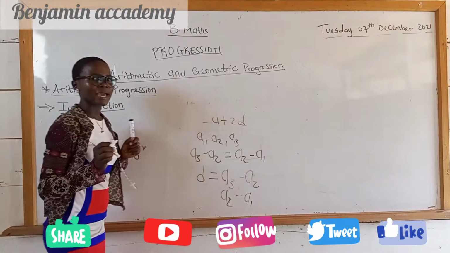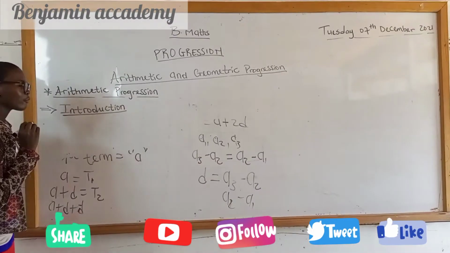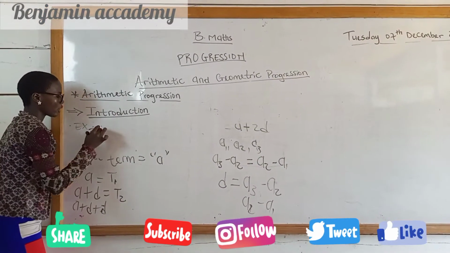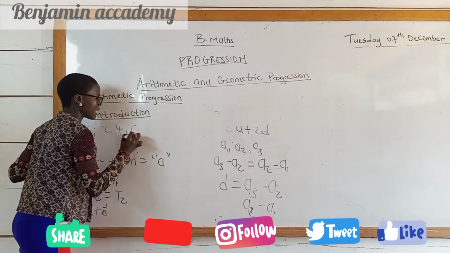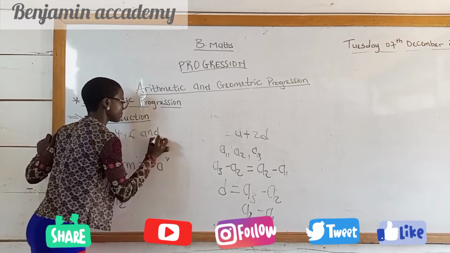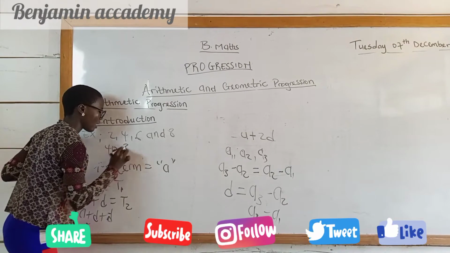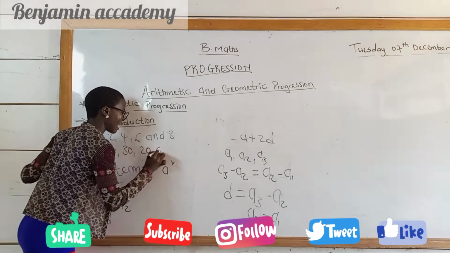But before we go there, there is something. If they give you a progression, let me say for example, you have 2, 4, 6, and 8. And you have, let's say, 40, 30, 20, and 10.